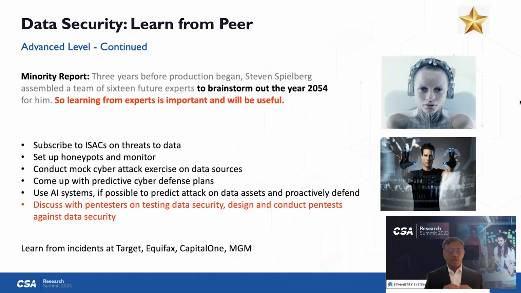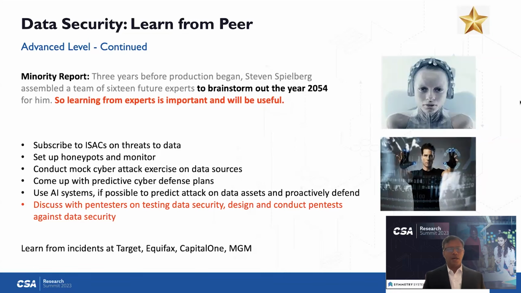As a cybersecurity professional, we can come up with this and then add additional monitoring and do a predictive cyber defense plan. Add additional monitoring and add additional restrictions to protect against a potential cyber attack on data.